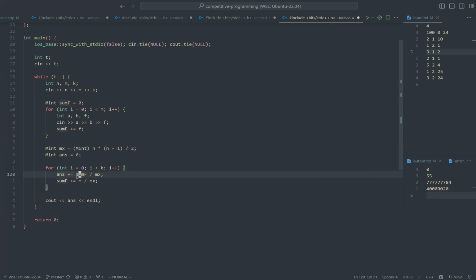For every excursion, as we saw, the possible increase in the sum of friend values is the sum of friend values divided by mx. This is the expected increase, and the expected increase in sum f is nothing but m by mx, because this is the probability of some friend pair being chosen for the excursion. We repeat this for k excursions, and at the end we just print the answer.